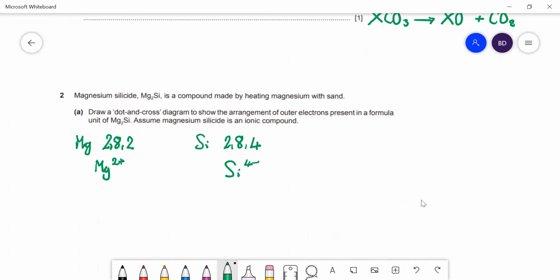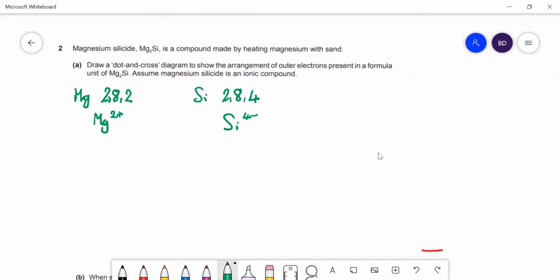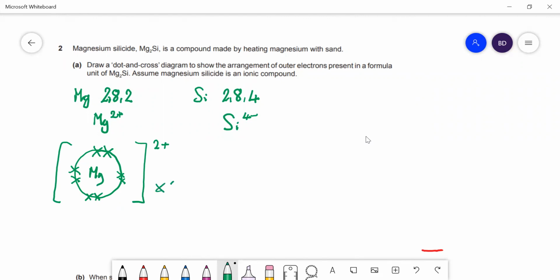So we'll just show the outer electrons. The outer electrons in magnesium, well, you're going to have 8 in that outer shell, aren't you? I'll put a 2+ there. And we're going to need 2 of those, so times 2.